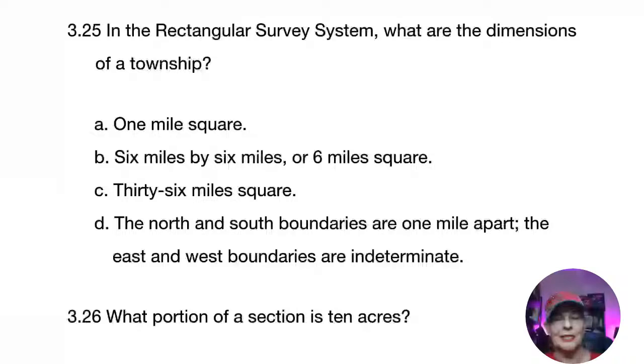You multiply that, you get 36 sections. 25 is B, 6 miles by 6 miles, or 6 miles square. So when you square that, it becomes 36 sections.